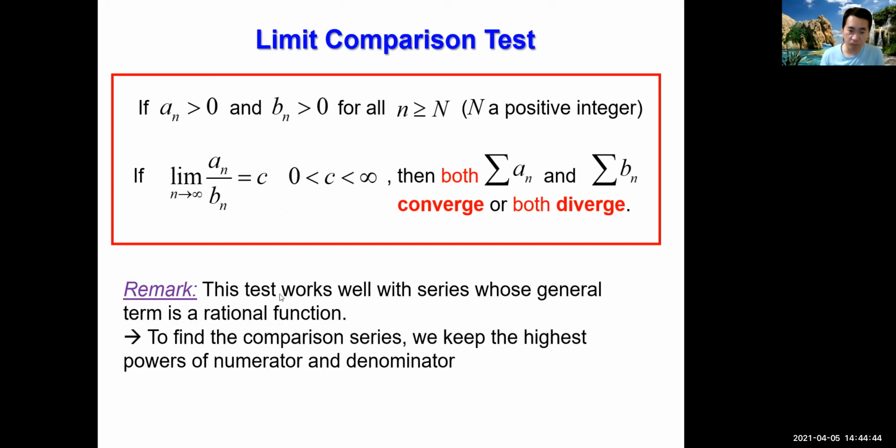This test works really well. Again, to find the comparison series, to come up with the b sub n, we will keep the highest powers of the numerator and denominator. We're going to keep the dominant terms as we did with direct comparisons.